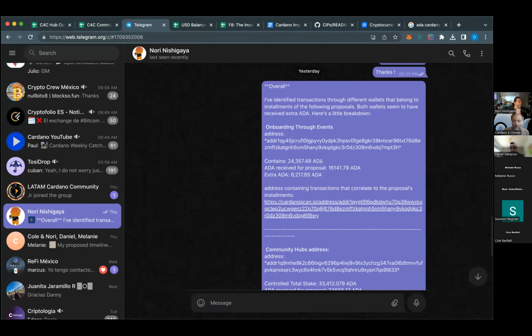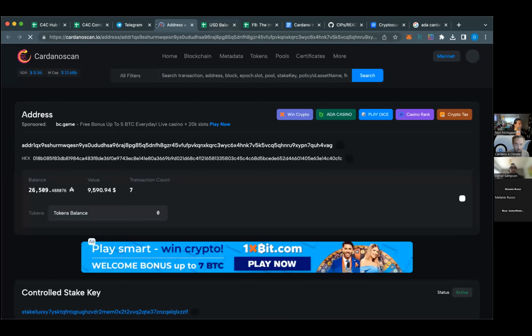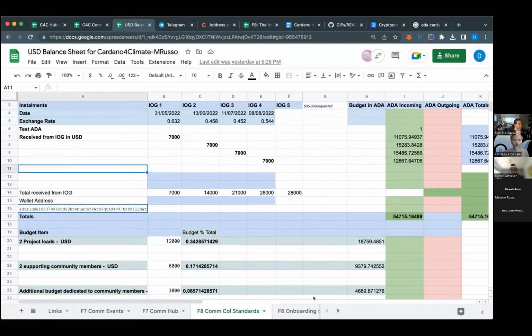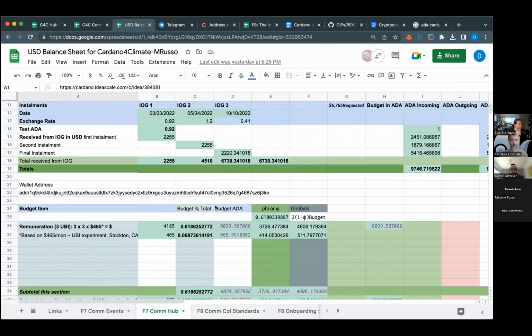So here it is. I'm gonna go through the community hub's address. Going through the documents, I saw the USD balance when looking at the community hubs, like payments and installments.